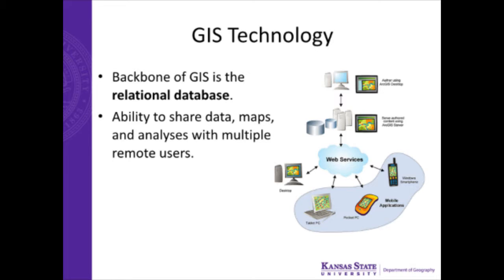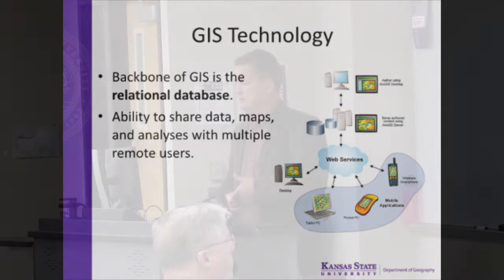As long as there's an internet connection or that sensor is in range of a cell tower, we can be transmitting that data live from the field into a database and watching that in our office and doing analysis on it all at the same time. So that's, I think, really an exciting possibility here as we move forward.